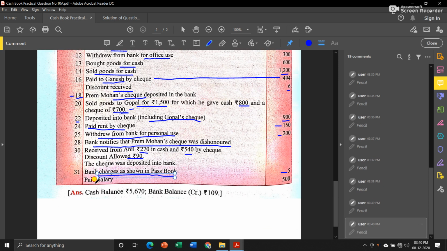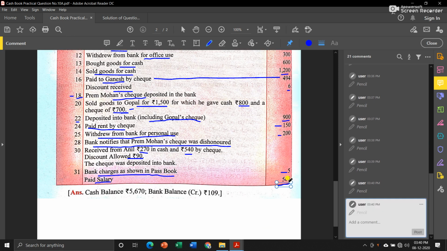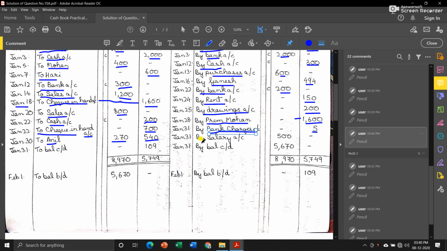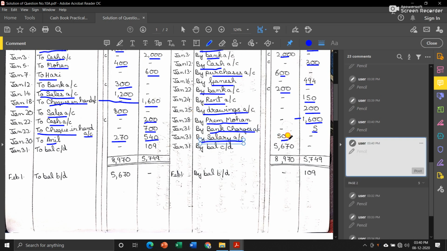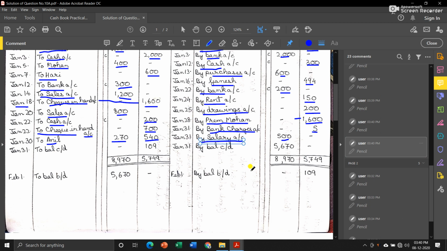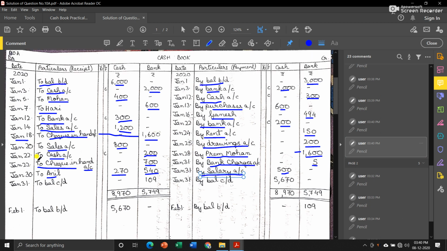And at last they say that we paid salary of rupees 500. So in payment side we will write by salary account 500 in cash column. So after recording all the transactions and finding out the total of both debit and credit side, we found out that the balance carried down on credit side in cash we have 5,670, and in debit side we have balance carried down in bank column of rupees 109.